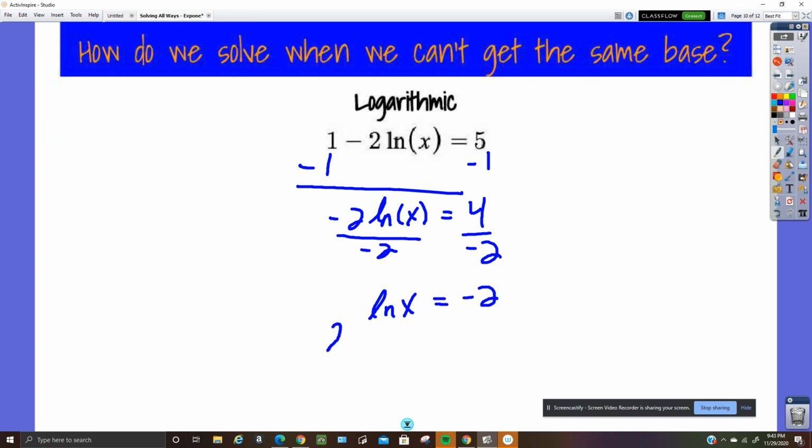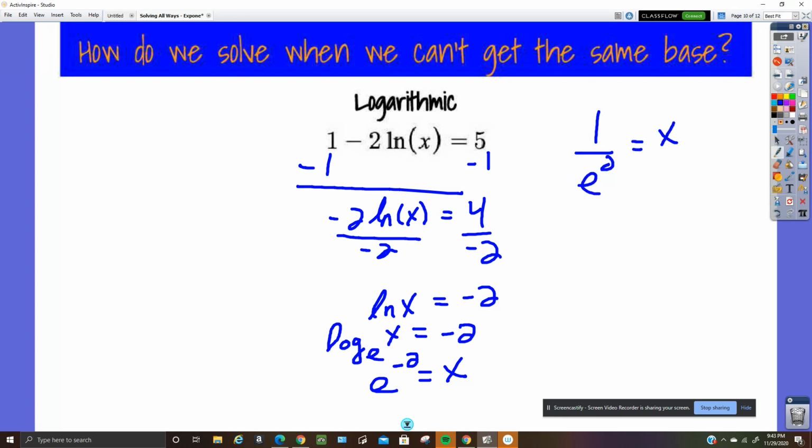And let's go ahead and write this out as log base e of x equal negative 2. So this would be e to the negative 2 equal x is the equivalent exponential, or 1 over e squared equal x.